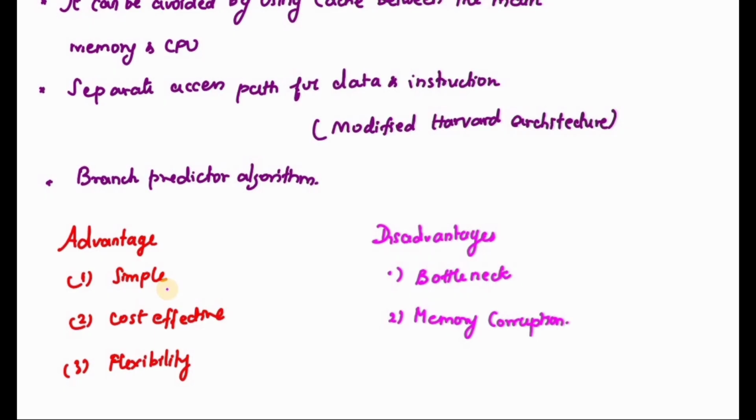Von Neumann architecture is used in personal computers and small computers. Whereas Harvard architecture is used in microcontrollers and signal processing, because we are using separate buses for data transfer and instructions, and the instruction can be executed in a single cycle.